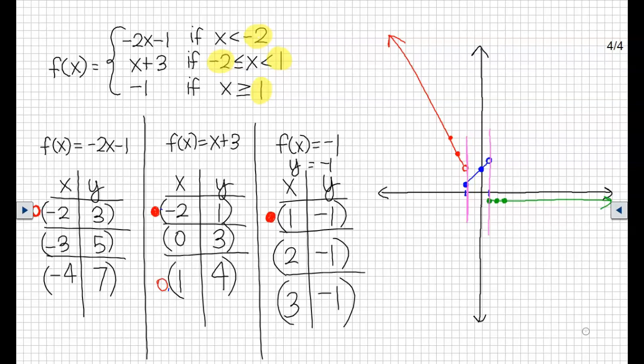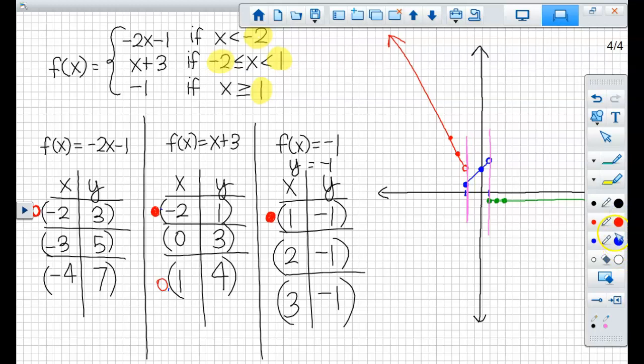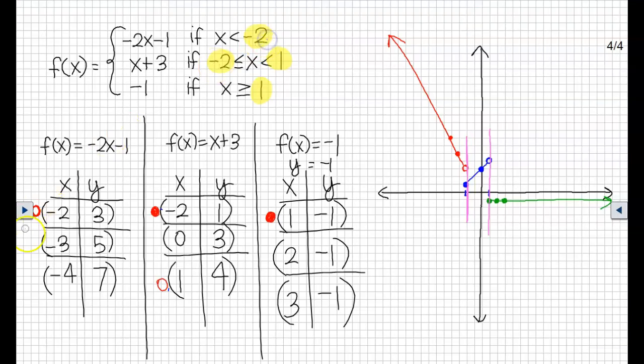It is a function. So let me, for this last one, recap a couple of things before I leave you. I want you to notice that we had to make 3 function tables. These numbers are the numbers that have to appear in my table. So the first one had to have a -2, and it's open because there's no equal to.